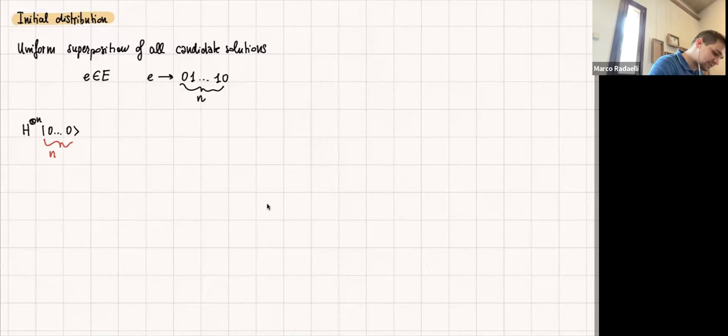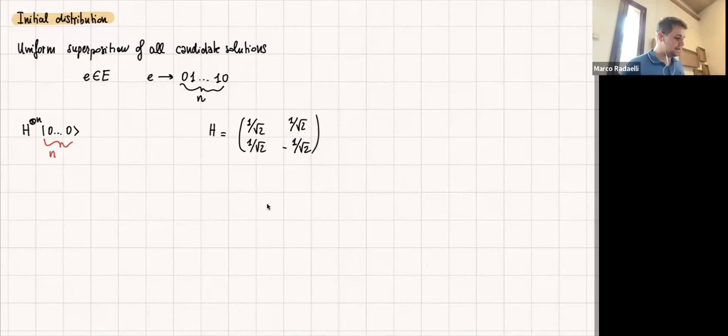So what's the Hadamard transformation? You have probably already seen this, but just to quickly review, that's this. I hope I got the minus right, but it should be like this.